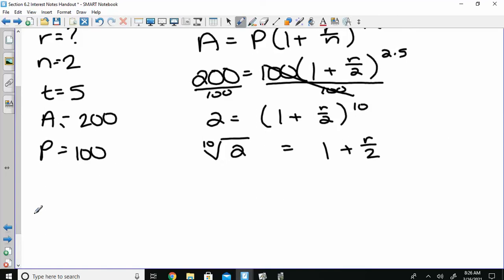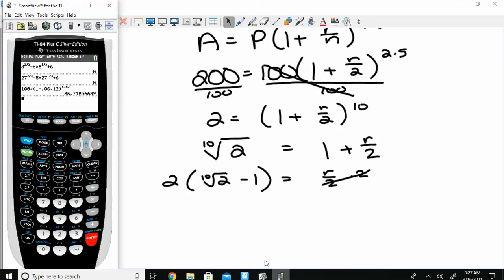Okay, I do not want to round too soon, so I'm not going to put this in my calculator until the very end. To get rid of my 1, we would subtract it. And to get rid of my 2, we would multiply by 2.